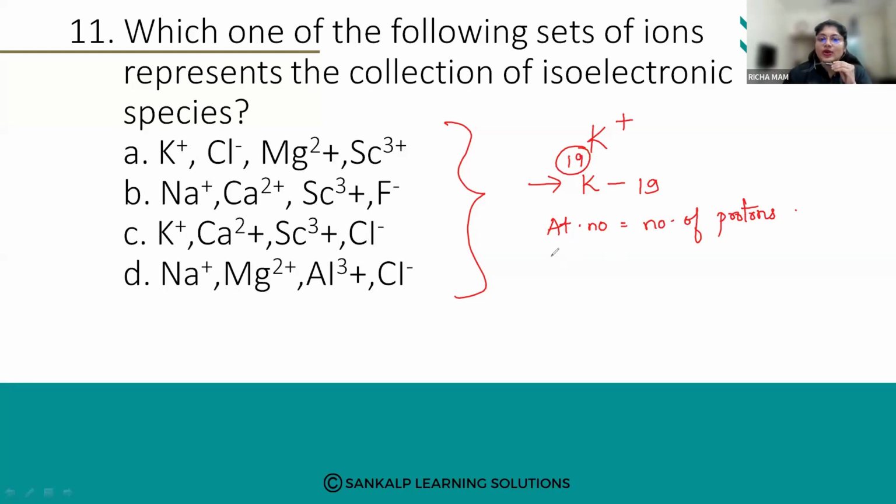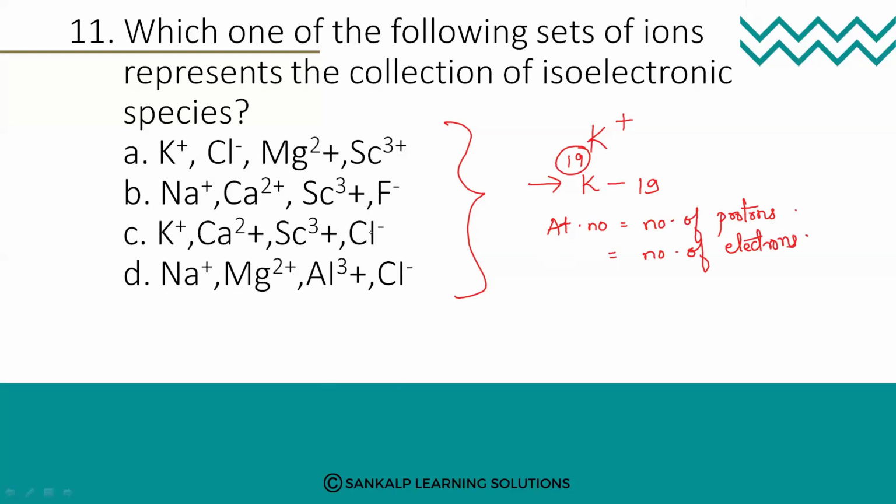Then how are you going to find the number of electrons? Which is the formula?